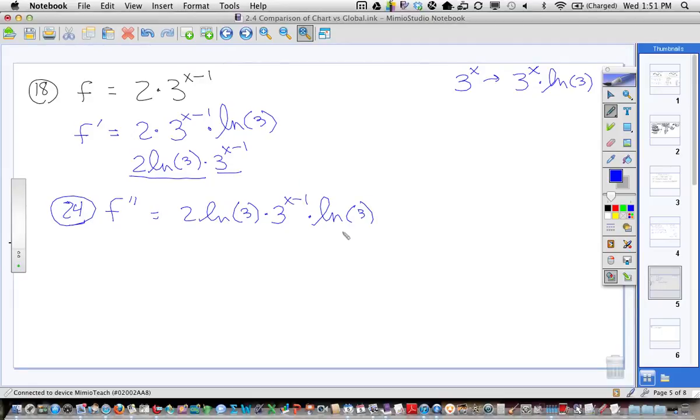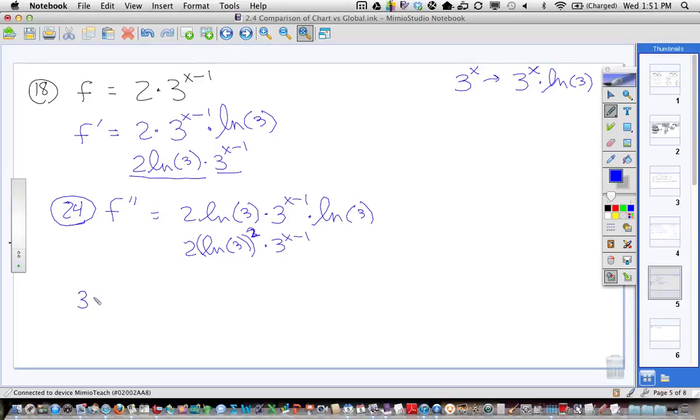But you could bring that ln3 around with this ln3 and you could write 2 times ln3 all squared, then times 3 to the x minus 1. Make sense? Again, keep in mind, ln3 is just a number. ln(x) is a function with many inputs for x and many different outputs, depending on what x is. But ln3 is just a number, a constant.